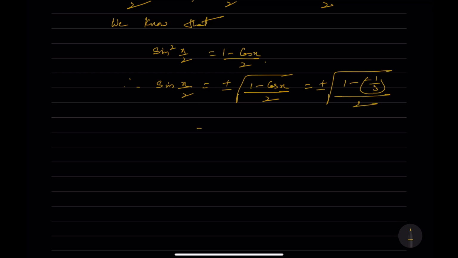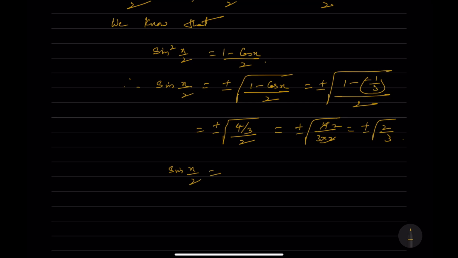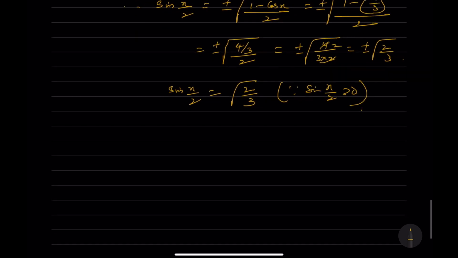So which is equal to plus or minus root of 3 plus 1, that is 4 by 3 by 2, which is equal to plus or minus root of 4 by 3 into 2. So we are getting it is equal to plus or minus root of 2 by 3. So sin x by 2, since it is in the second quadrant it is positive, therefore it is equal to root of 2 by 3, since sin x by 2 is greater than 0.